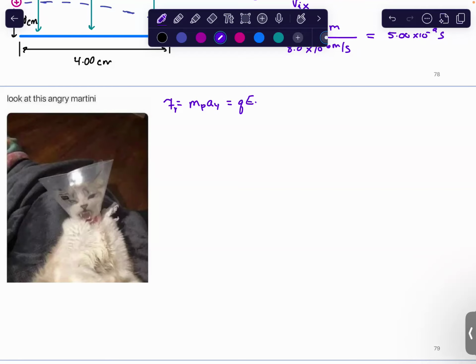Electric field. So we know that force represents each of these. And so then we can say, my acceleration, so what's Q going to be? Right, charge of protons. So it's just going to be that e, that base charge, and then you have the magnitude of the electric field divided by the mass of a proton.